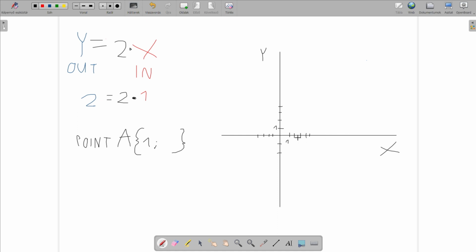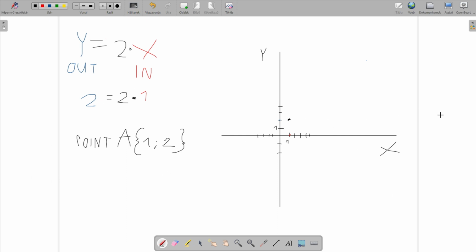Now what was our output? It was 2. And now we have a point. So if we had 1, here's 1, and we got 2 right here. Where is our point A? Right here. So we have one point right here, which is amazing.